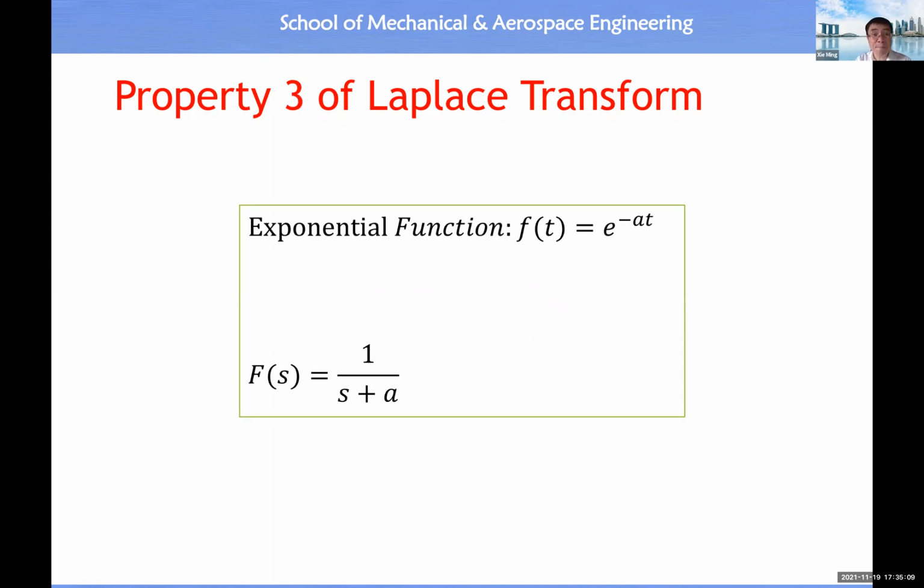Another simple property is about the natural exponential function. If you have a natural exponential function like this, in the frequency domain the Laplace transform is equal to 1 over s plus a. So when you have a function, you can treat this as 1 times this one. So this could be treated as the 1 over s with a shift in s, okay?